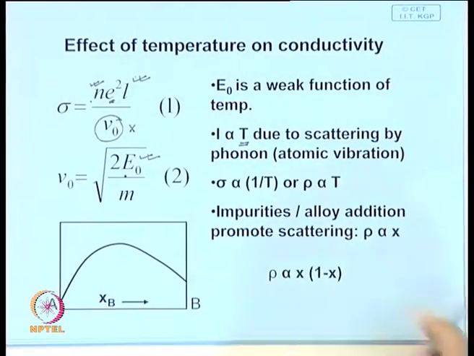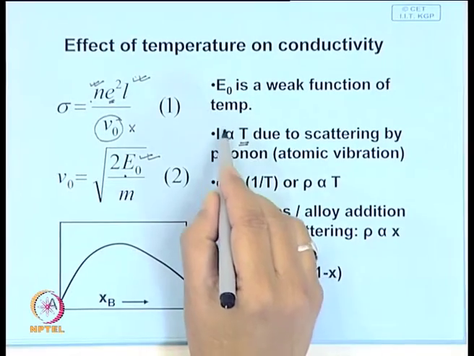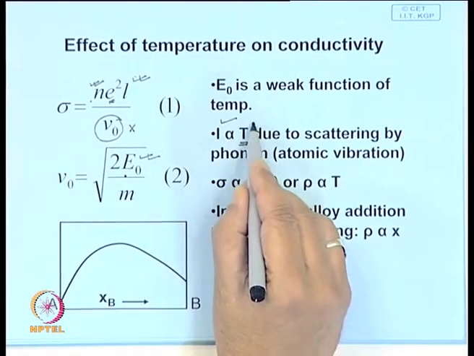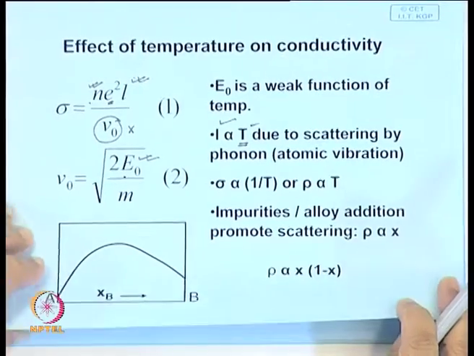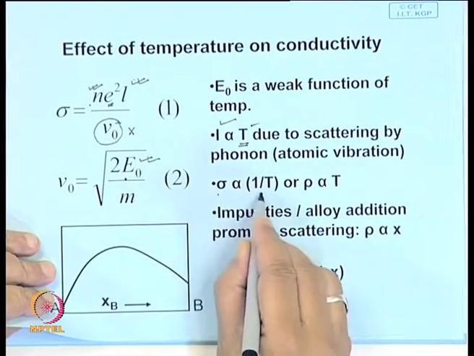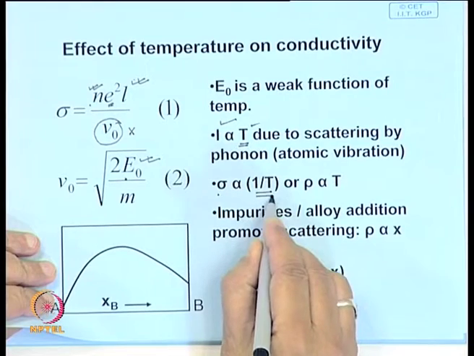Therefore, at a higher temperature, there will be more atomic vibration and more scattering. So, you can say that mean free path is inversely proportional to temperature, and resistivity is inversely proportional to mean free path.